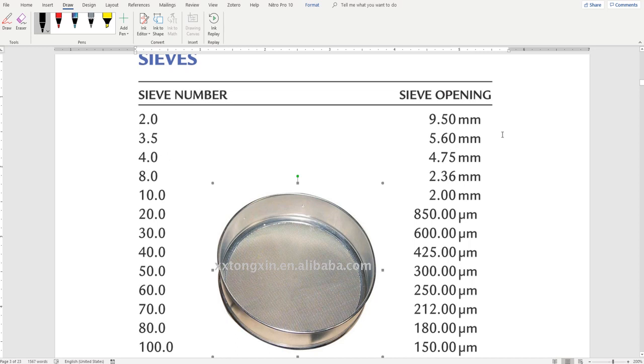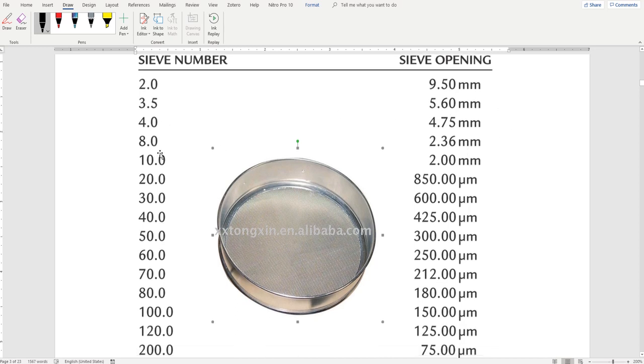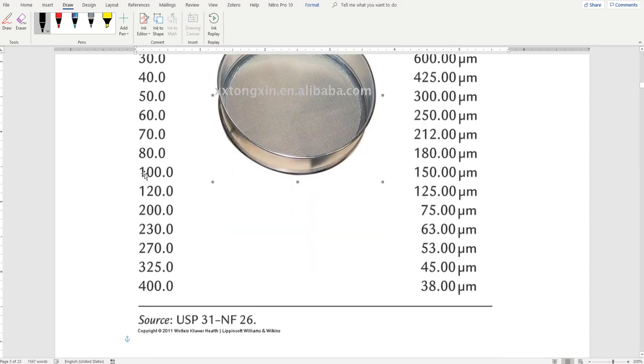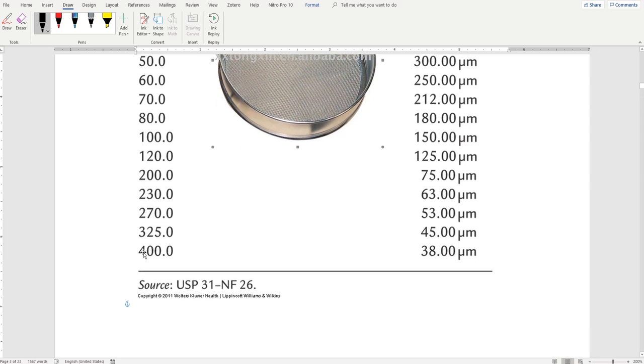When we say 4, it's 4.75. When we say 8, it's 2.36. When we say, let's say 100, it's 150 micrometer. The openings here are 150 micrometer. When we say 400, the size of the aperture is 38 micrometer.